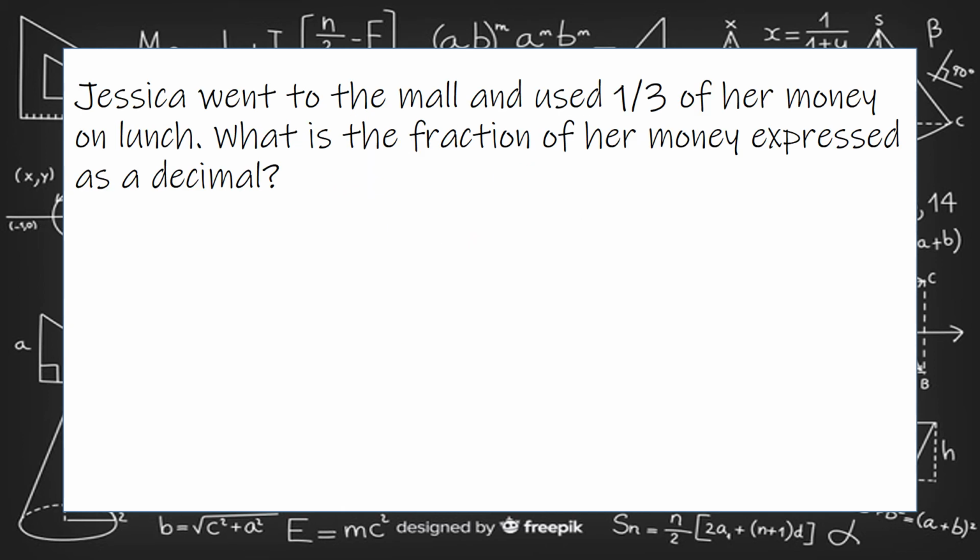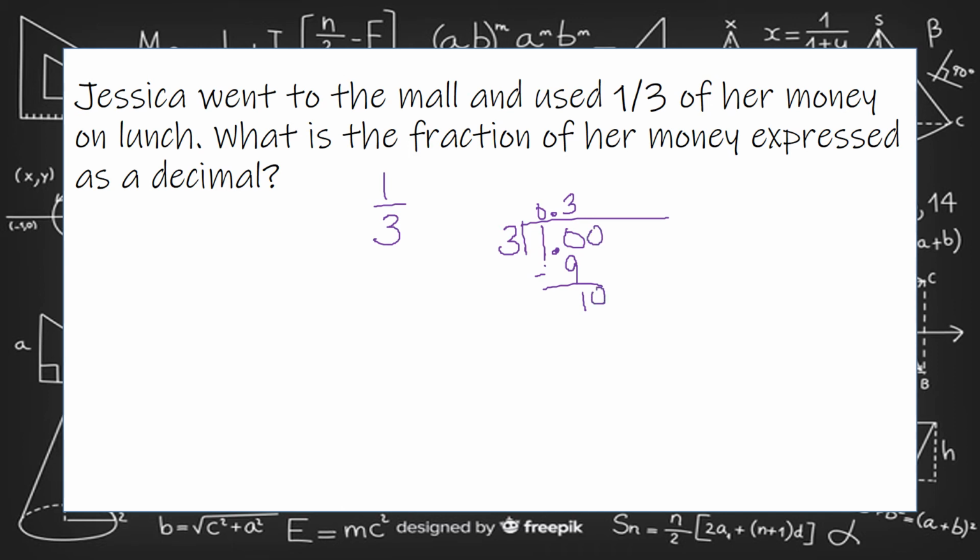Jessica went to the mall and used a third of her money on lunch. What is the fraction of her money expressed as a decimal? So we're going to say 1/3, and we want to change it to a decimal. So we're going to divide the denominator into the numerator. 3 can't go into 1, so I'm going to add a 0. 3 goes into 10 3 times. 3 times 3 is 9.